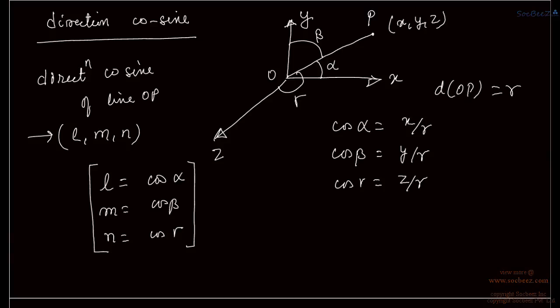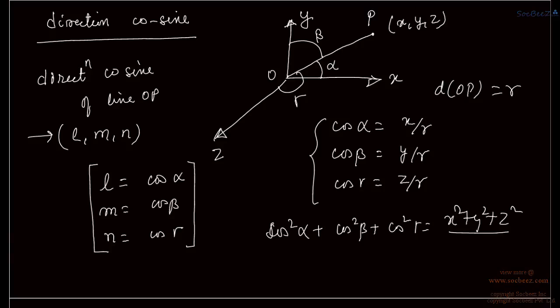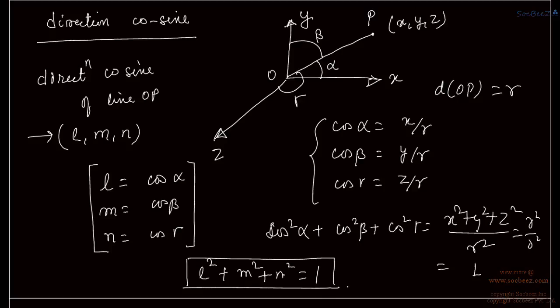So if we take a square of all these three quantities and sum it, then we will be getting cos square alpha plus cos square beta plus cos square gamma as x square plus y square plus z square upon r square, which is equal to r square upon r square, which is equal to 1. So sum of the square of direction cosine must be equal to 1. Okay.